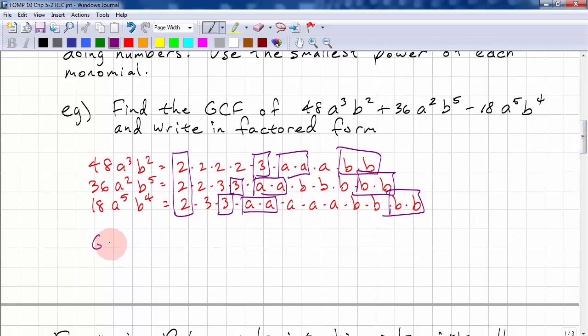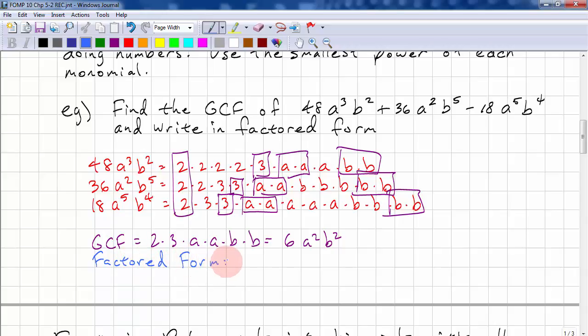So our greatest common factor is 2 times 3 times a times b times b. So that's 6a squared b squared. Now in factored form, this is 6a squared b squared, and we put a bracket.